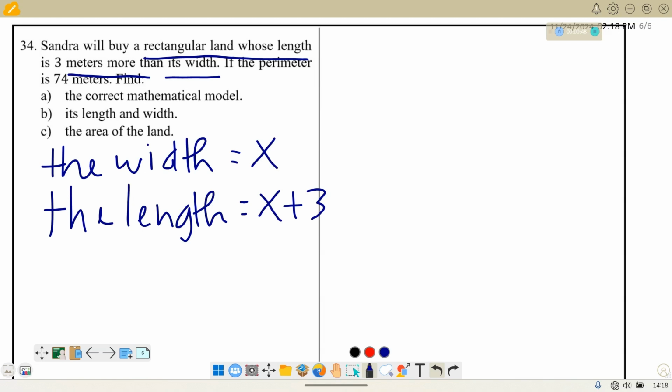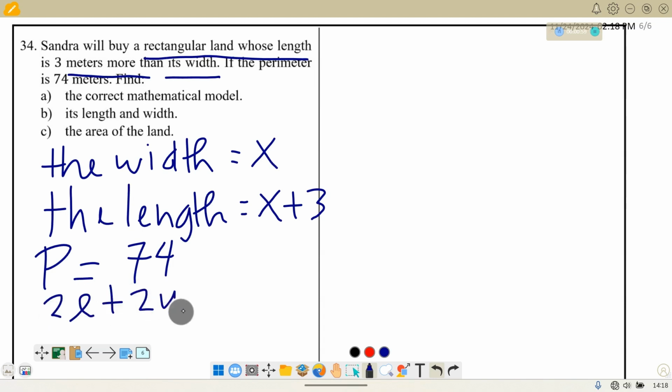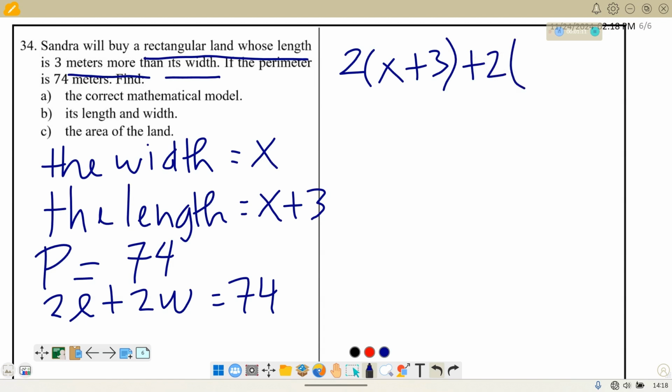And then they say the perimeter is 74 meters. The perimeter is 2 times length plus 2 times width equals 74. So we enter 2 times length, which is x plus 3, plus 2 times width x equals 74.